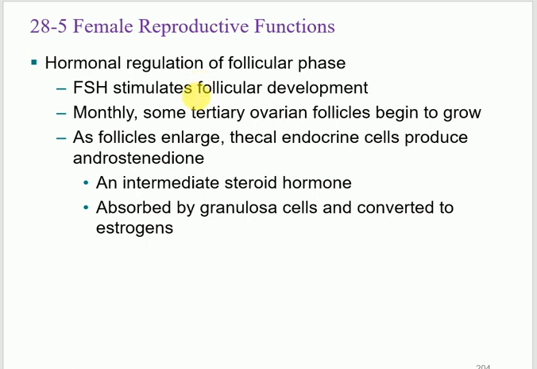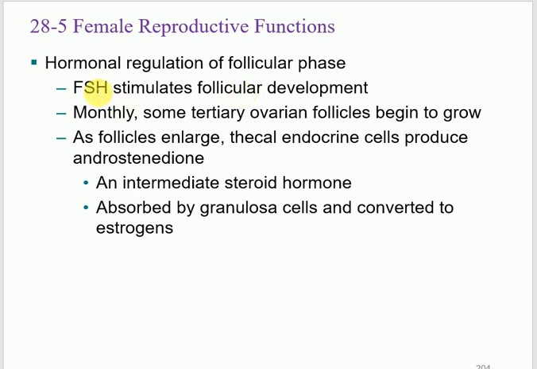So again, gonadotropin releasing hormone is released from the hypothalamus. It goes in pulse to the anterior pituitary. We talked about how it leads to LH surge. Also, it will lead to increased FSH. FSH will stimulate the follicular development. I talked about that, and the name gave it away.